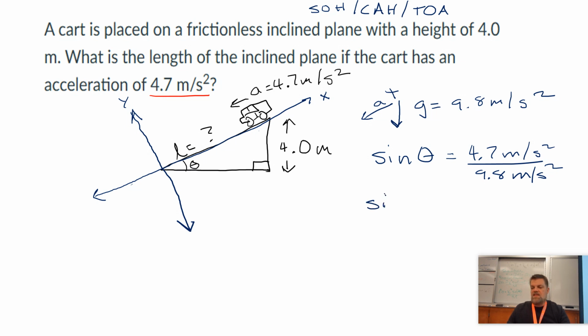So if I say arc sine of 4.7 all over 9.8, that will give me theta. This is just basic geometry. And I could plug that into my calculator. We'll just do that in Desmos real quick.